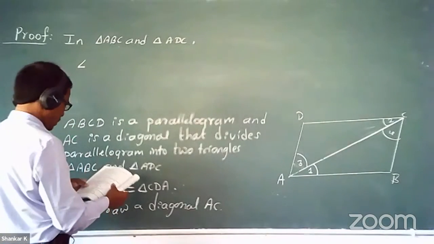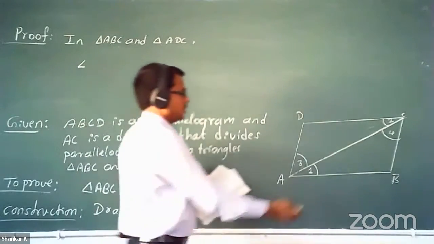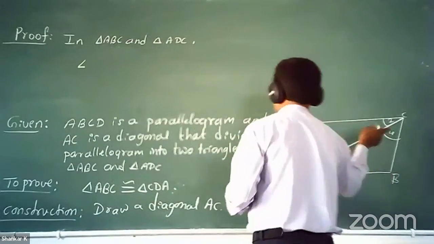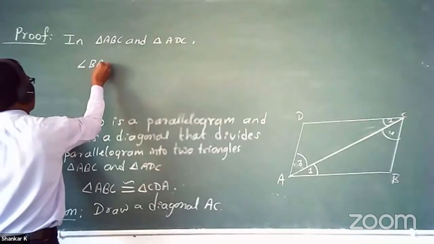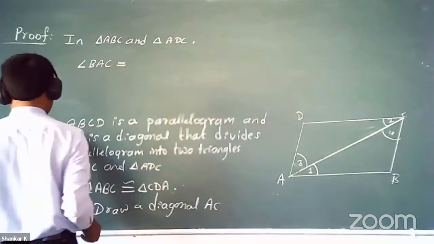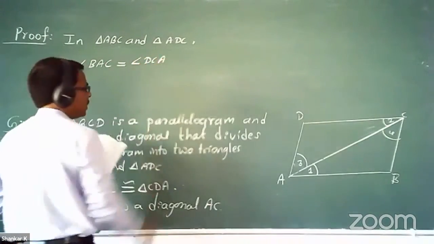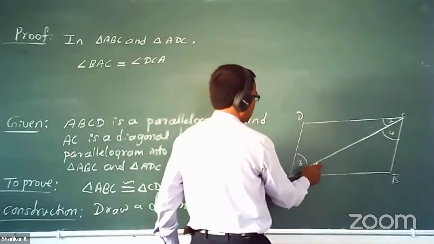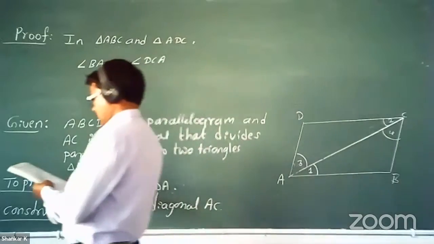Angle 1 is BCA, or you can take BAC. Angle BAC is equal to angle BCA. BAC is 1, BCA is 2. 1 and 2 are equal.